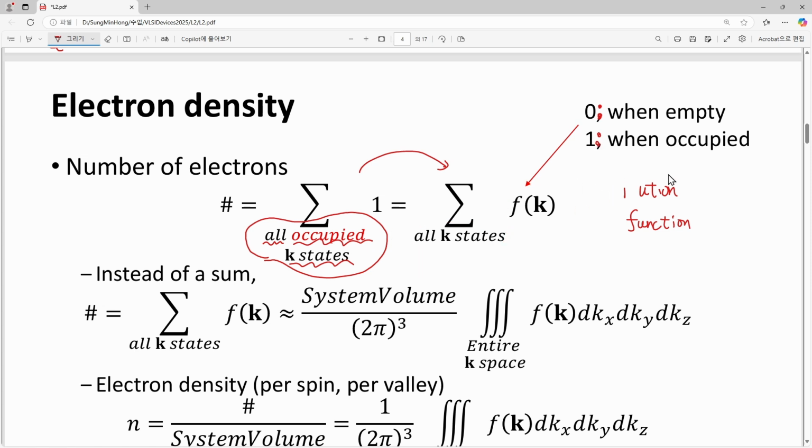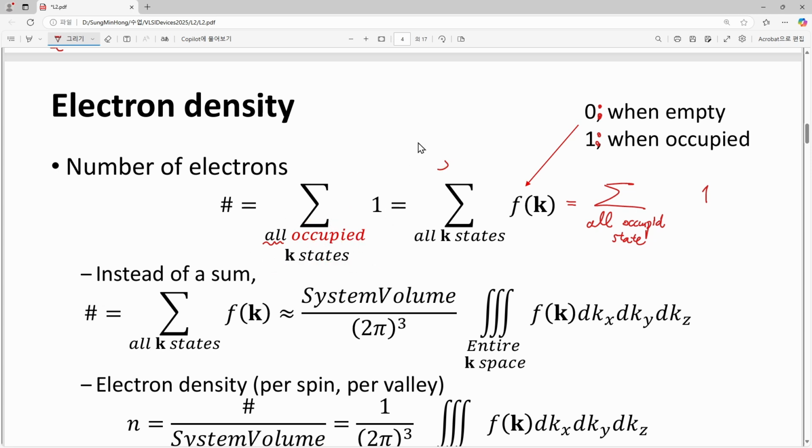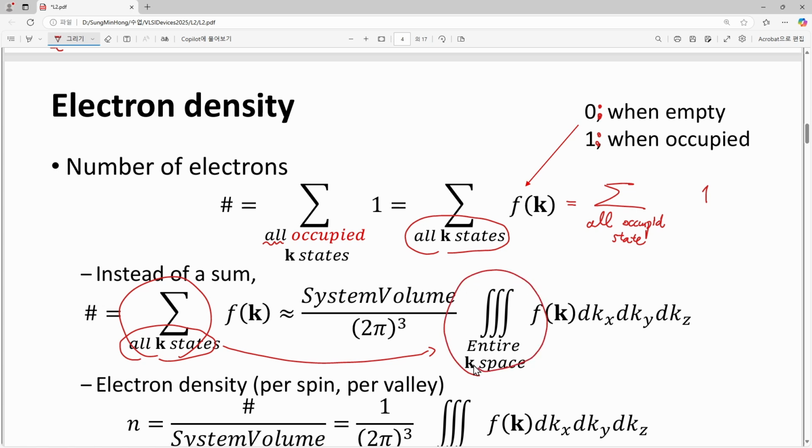So if we just adopt this form, then once again this summation is valid only for all occupied states. Yes, this is exactly the same one we wanted to have. So once we convert it to the summation over the entire k-space, after that, this summation can be easily converted into simply this integration.